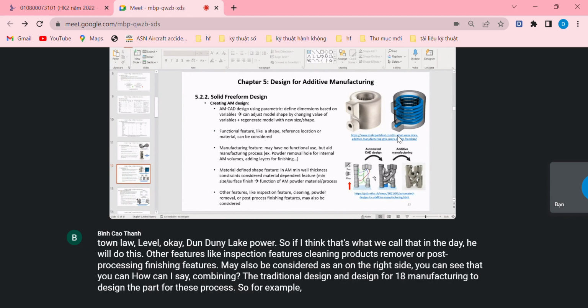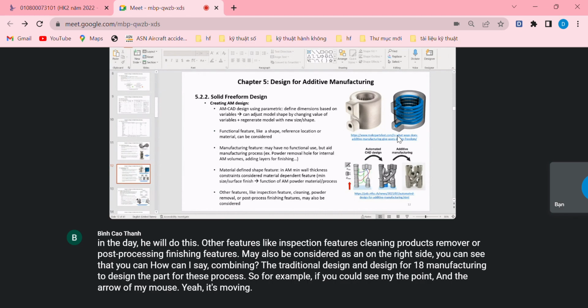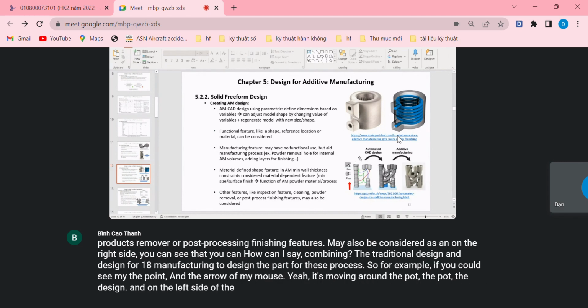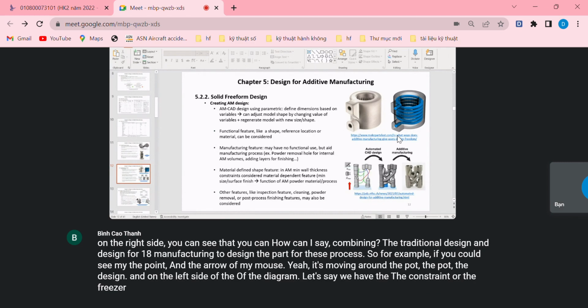here, if you could see the arrow of my mouse, it is moving around the part design, and on the left side of the diagram, let's say, we have the constraint or the preserve features.